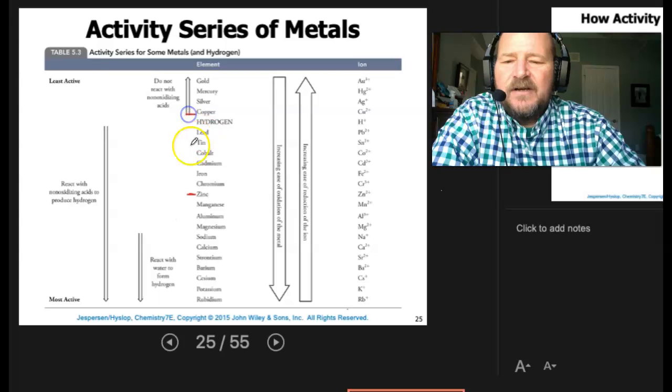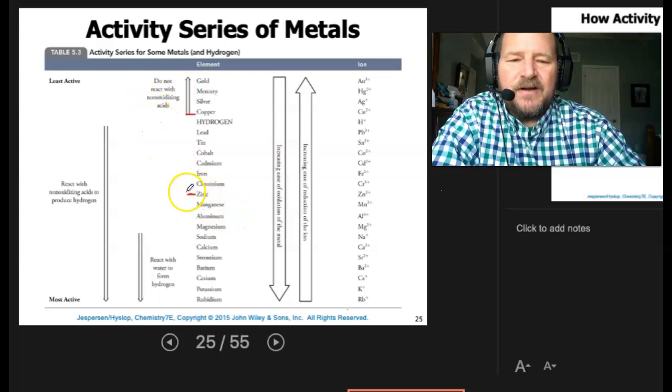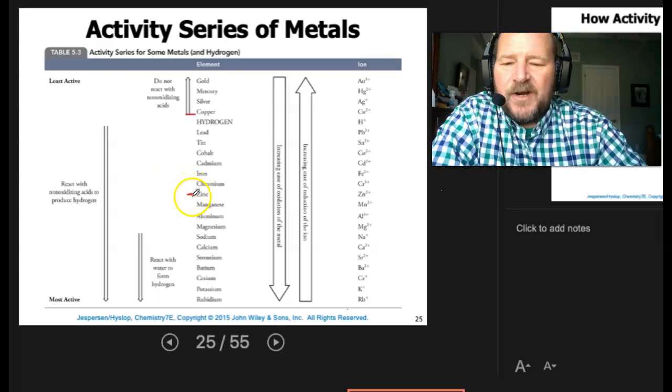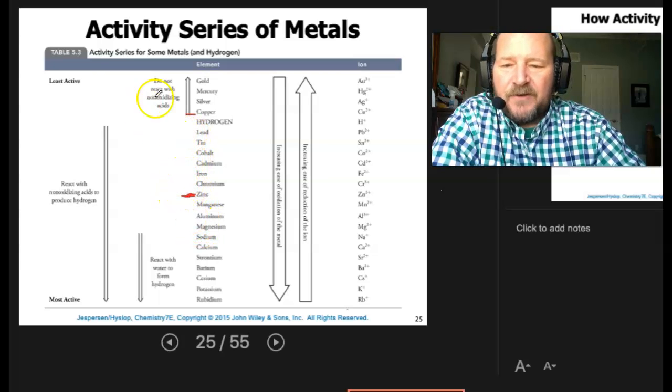Copper is here. Like I said, this picture from your textbook is backwards to the ones I usually use, the ones on Google. The Google images I bring up, a lot of the activity series, usually this is going to be flipped around, so zinc would be on top. But here, whatever's on top cannot replace what's underneath of it, but anything that's underneath of it can replace it.